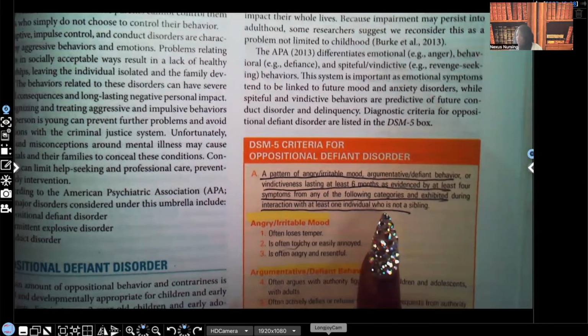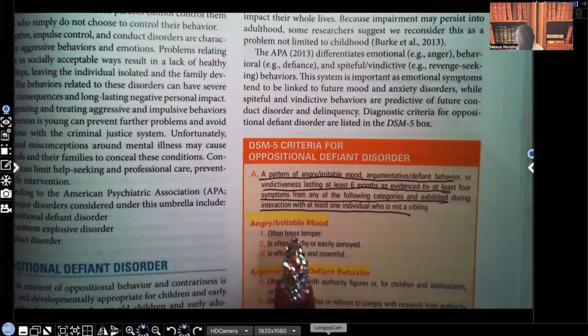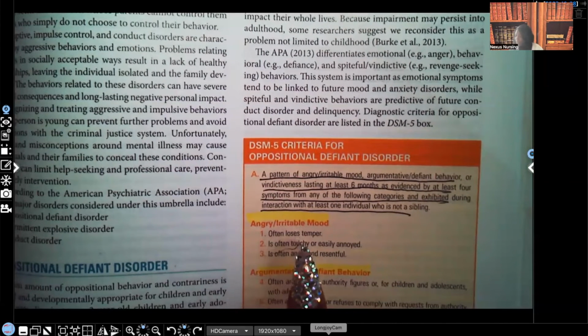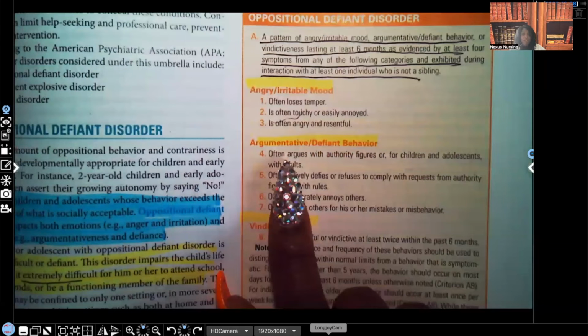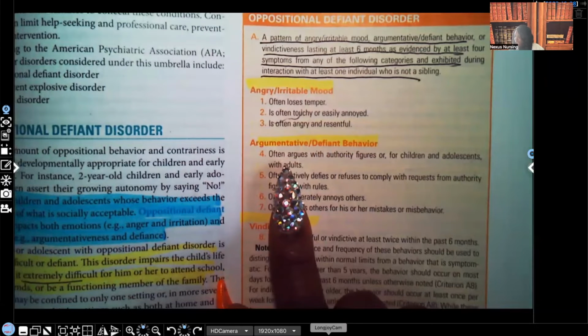Now look at these categories, guys. Angry or irritable mood. They lose their temper very quickly. They're often touchy, easily annoyed. They're often angry and resentful. They feel like the world's against them. Argumentative or defiant behavior. They often argue with authority figures. For children and adolescents, they argue with adults.